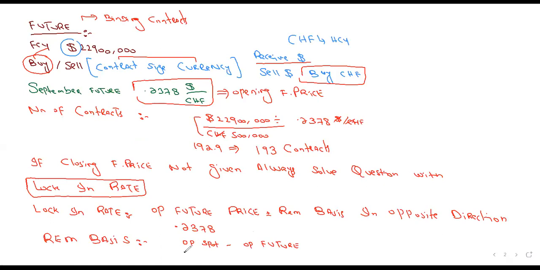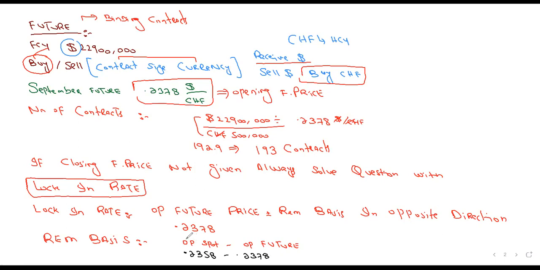Understand, sir. So it is 0.2358. Future is 0.2378. No, why will you use that June future? Just apply the lock-in date here.